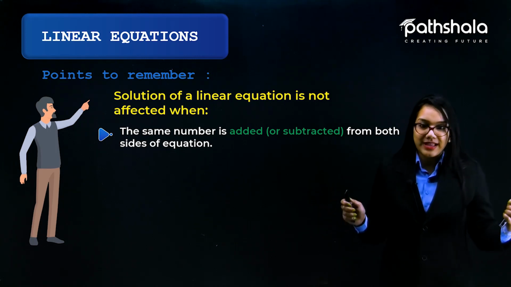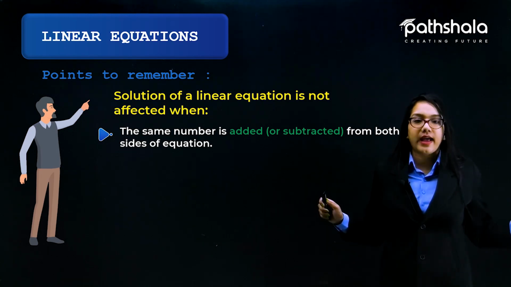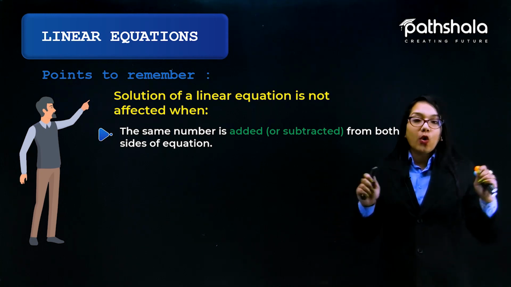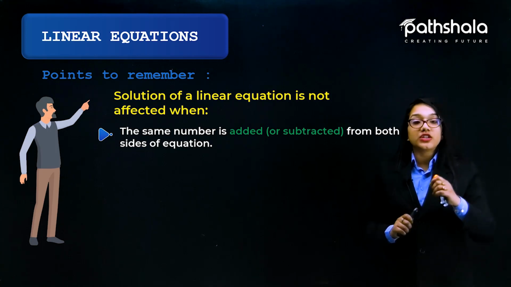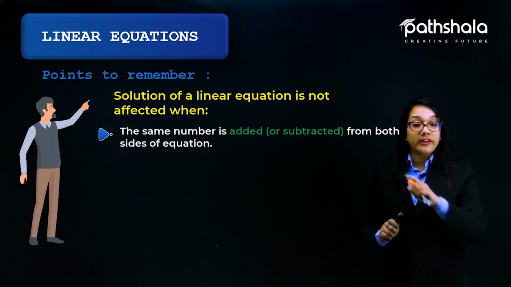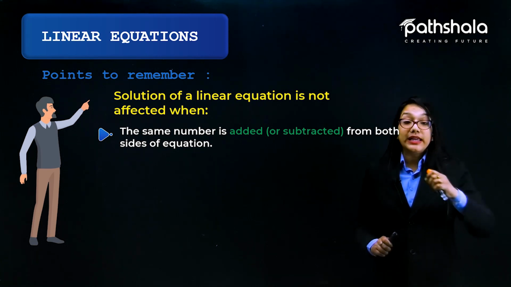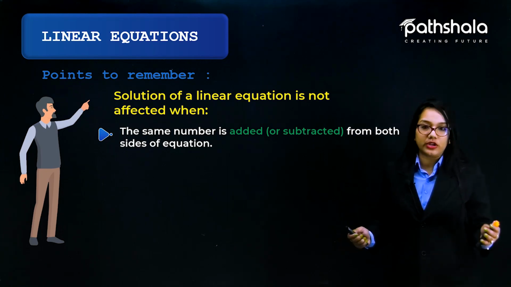So it means that the solution of the linear equation will not be affected at all, because at the end the solution remains x is equal to 2. So always remember, in case of a linear equation, the solution will never get affected when the same number is added or subtracted from both sides of the equation.